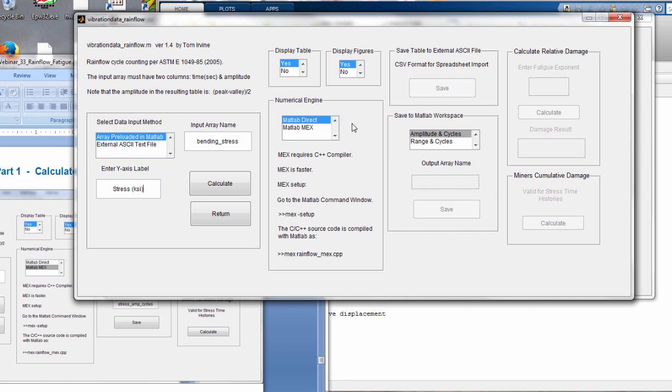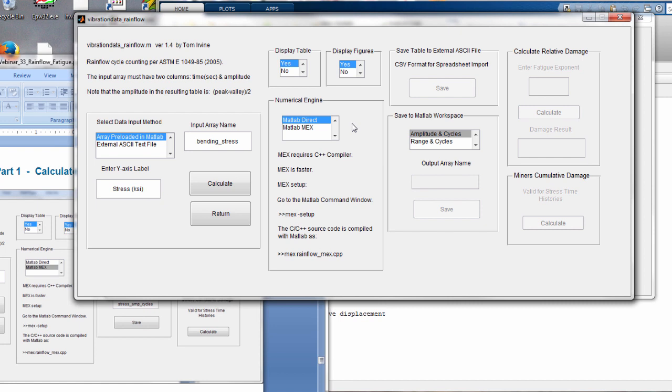But MATLAB's method is time-consuming. So it can take minutes, hours, days, or whatever, depending on the length of the input stress time history, as well as its characteristics in terms of its spectral distribution. So it turns out that C++ can do that operation a whole lot quicker.